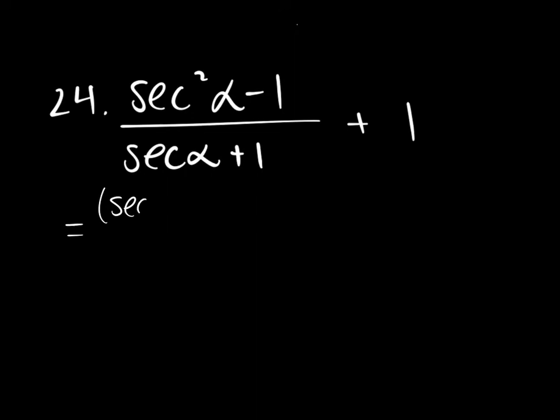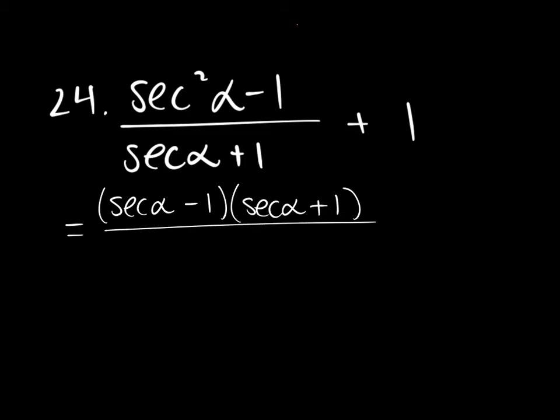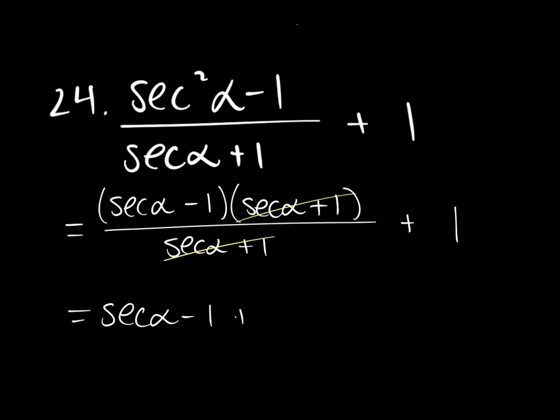So we've got secant alpha minus 1 times secant alpha plus 1 over secant alpha plus 1, plus 1. My secant alpha plus 1 terms will cross out, and I get secant alpha minus 1 plus 1, which is just secant of alpha.